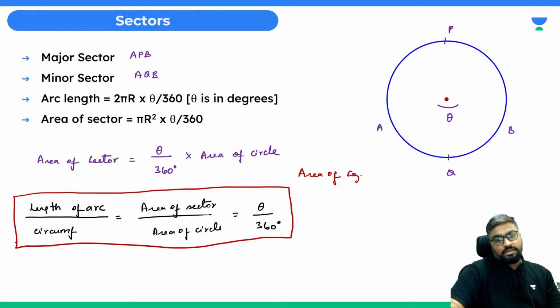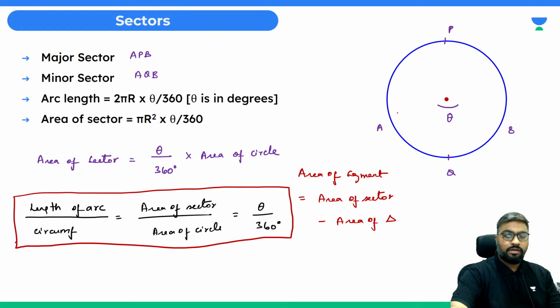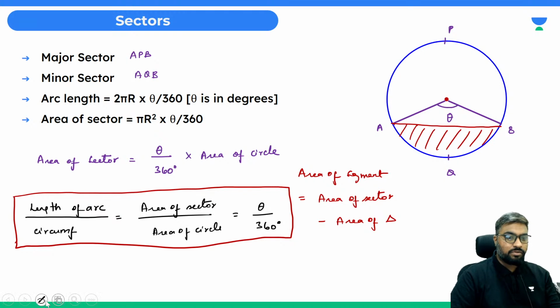Area of segment is basically area of the sector minus area of the triangle. ओके जैसे यहां पे ये सेक्टर है, ये ट्रायंगल है, अगर मेरे को सेगमेंट का एरिया चाहिए, तो व्हाट विल आई डू? आई विल फर्स्ट फाइंड आउट द एरिया ऑफ दिस एंटायर सेक्टर, उसमें से इफ आई रिमूव ऑफ दिस ट्रायंगल्स एरिया, आई विल बी लेफ्ट विथ द एरिया ऑफ द सेगमेंट. ओके सही है, समझ में आ रहा है?